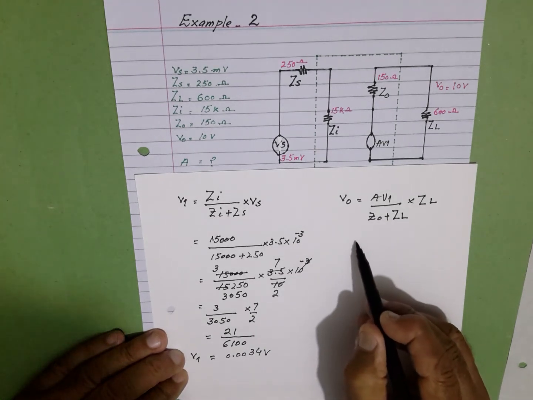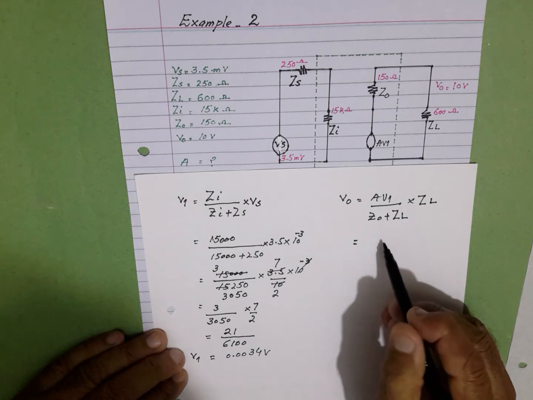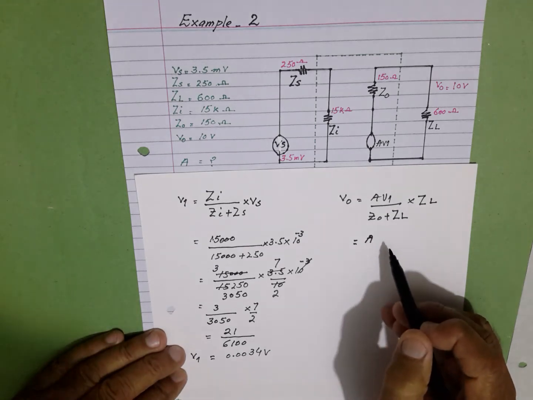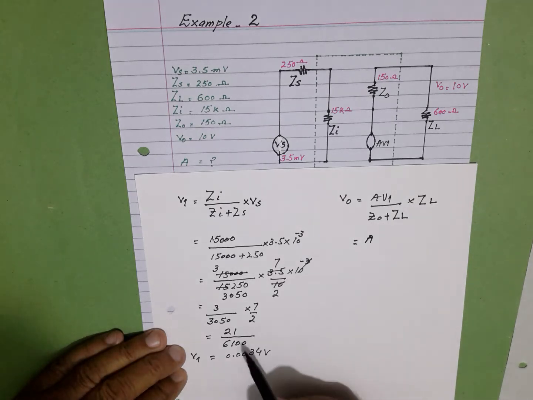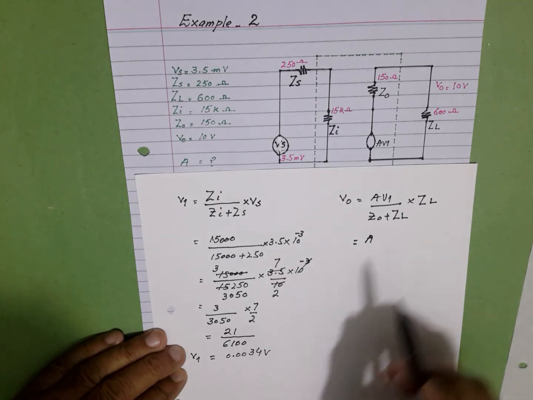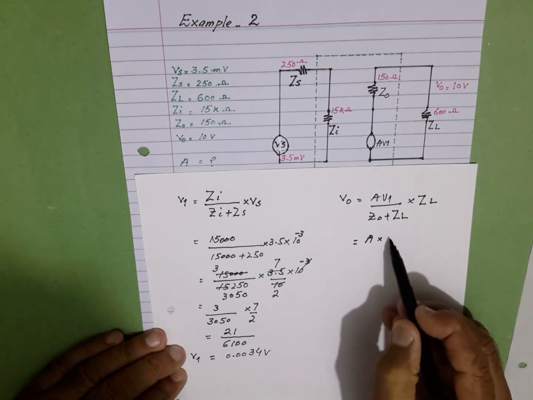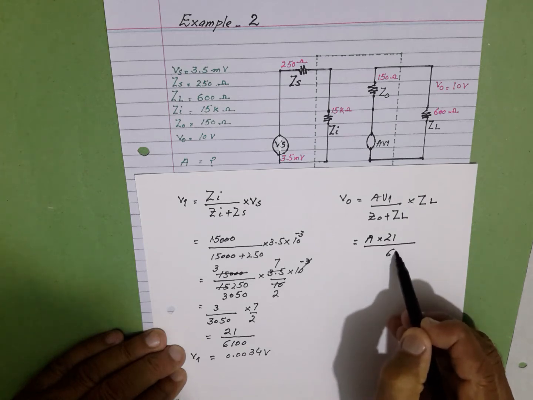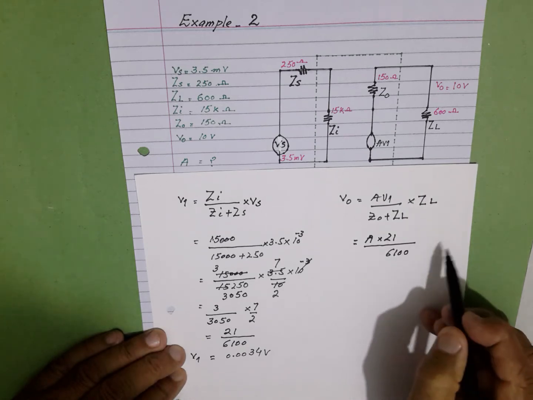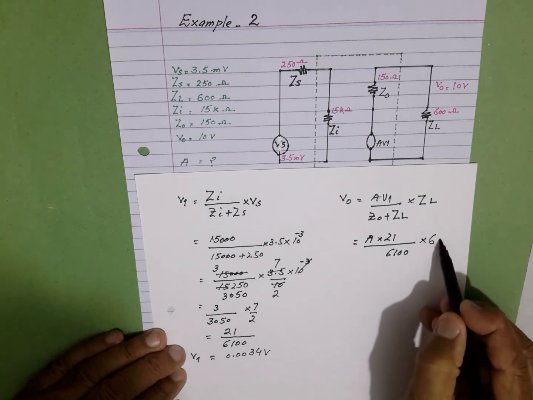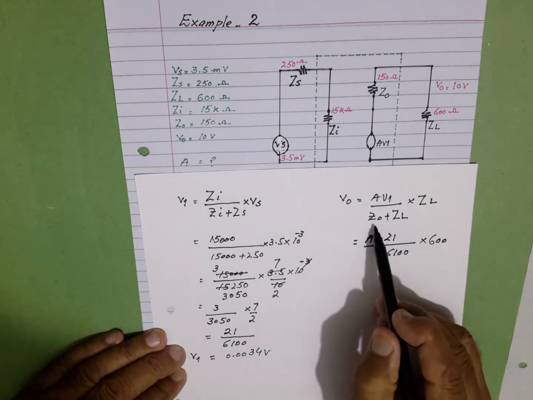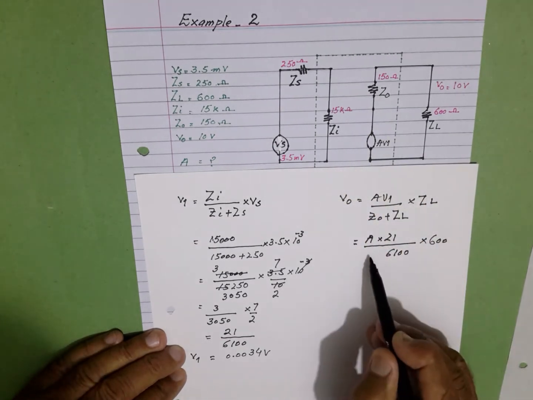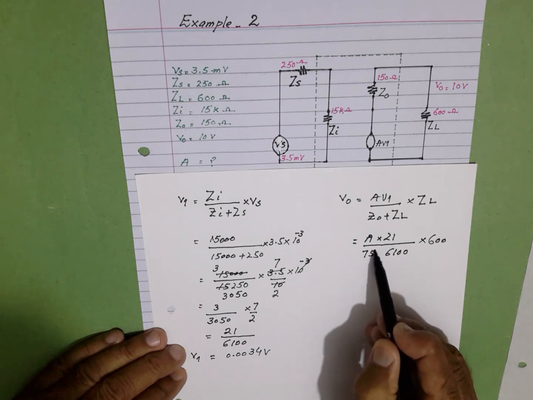Now we go here. We have to find out A; we do not know what A is. V1 is 21 by 6100. Zl is 600, and Zl plus Zo is 600 plus 150, which is 750.